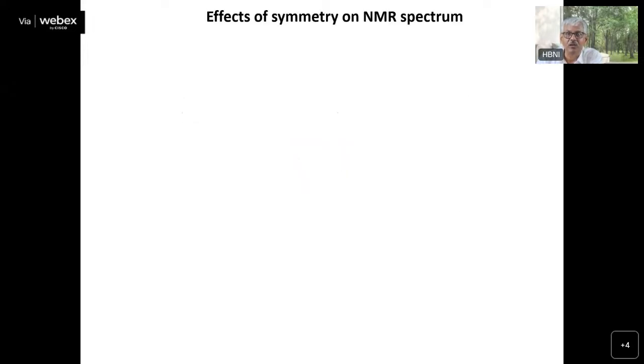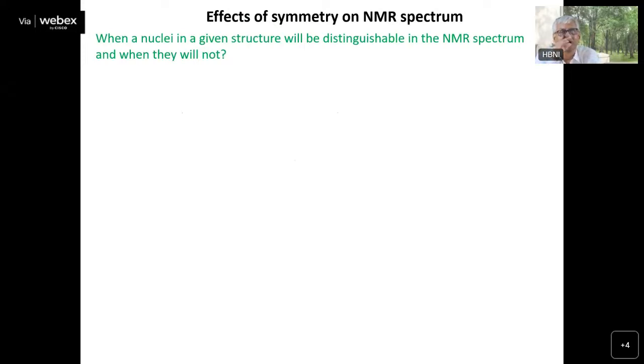Now we'll see some effect of symmetry on the NMR spectrum. Let us say you have a structure, and how do we know whether a particular nucleus will be distinguishable in the NMR spectrum? Sometimes they will be distinguishable, and sometimes they will not.